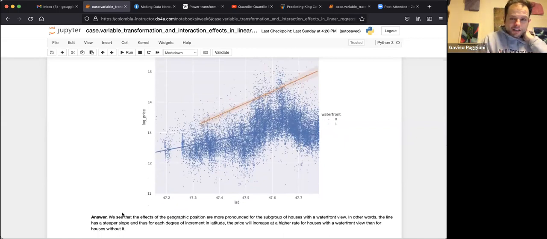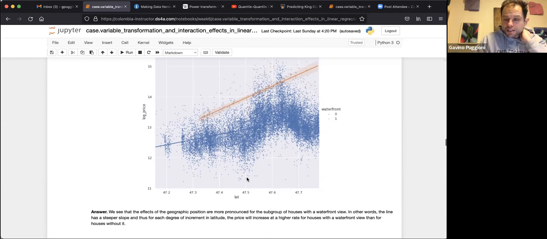So what is the interpretation of this interaction? It means that for the subgroup of houses with a waterfront view, latitude has a steeper slope relative to the log price. That is, for a small increment in latitude, the change in price would be much larger for houses that have a waterfront view.